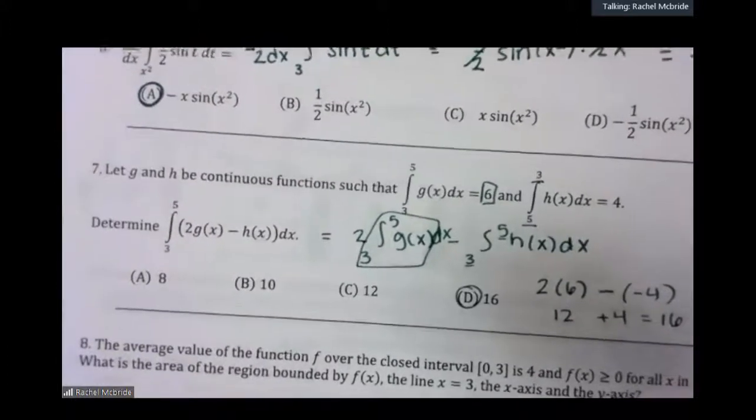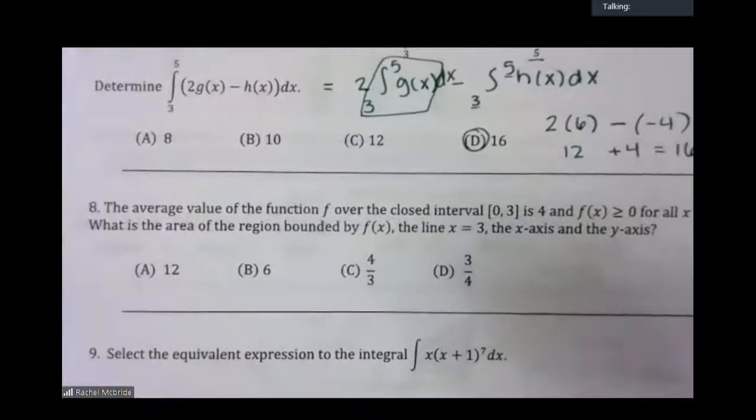Take a minute, read number 8. So it says average value.